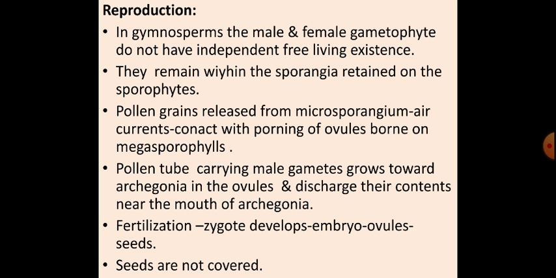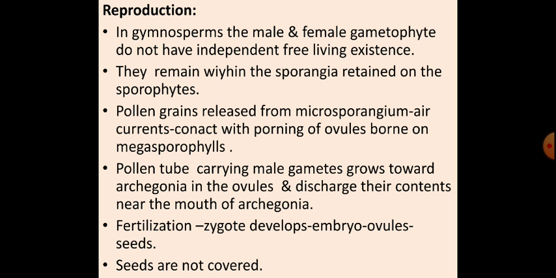Once the male and female gametes become mature, the female gamete will be present inside the sporangia. The male gamete, that is the pollen grain, will travel along with the wind. Remember, both male and female gametes are not independent.